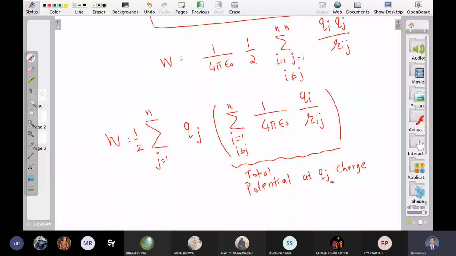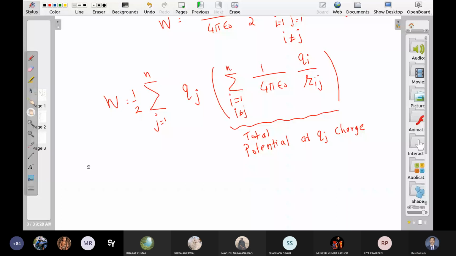So I can write in simple language that what is the total work that I have to do? Half summation charge into potential at the location of that charge. Right?